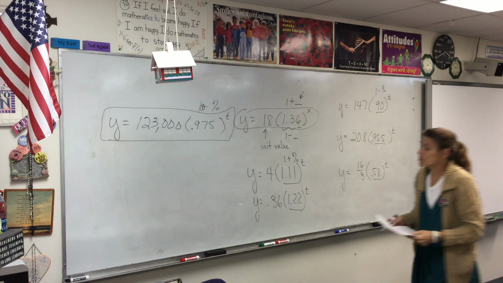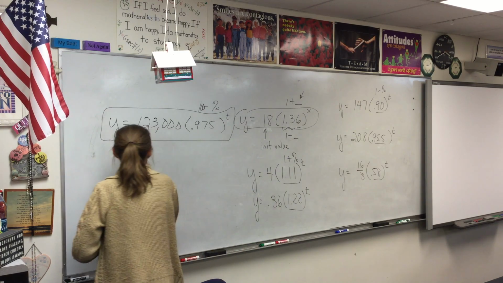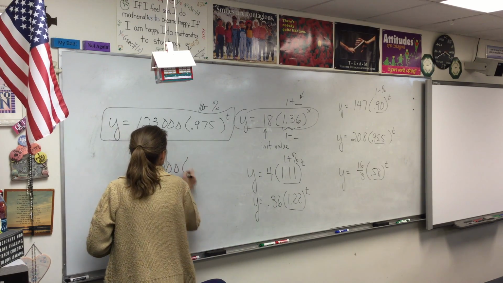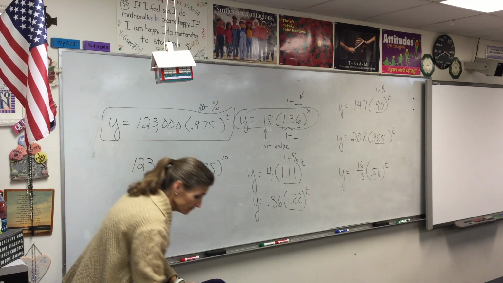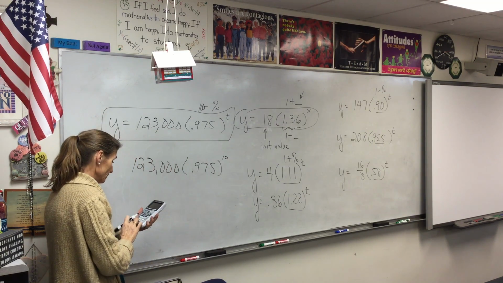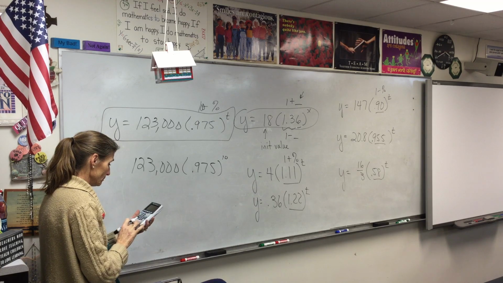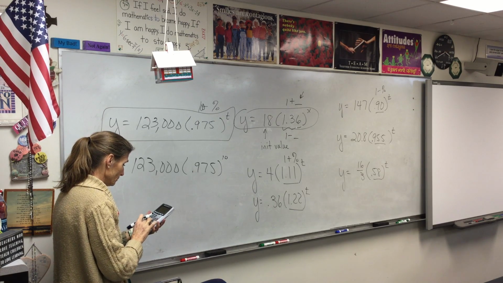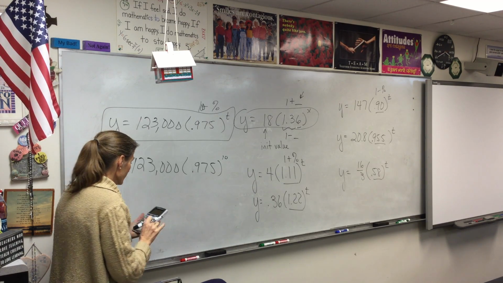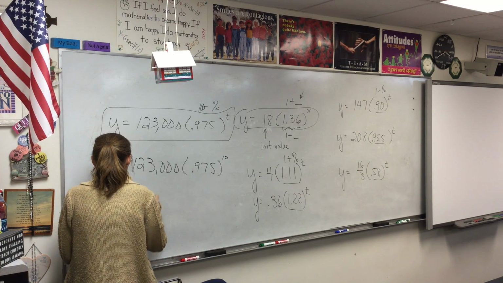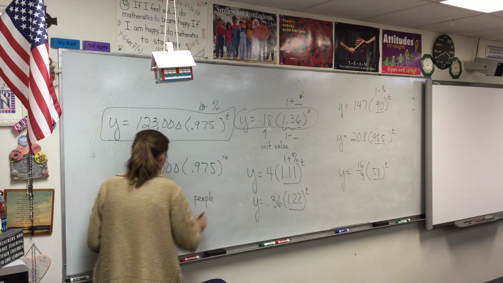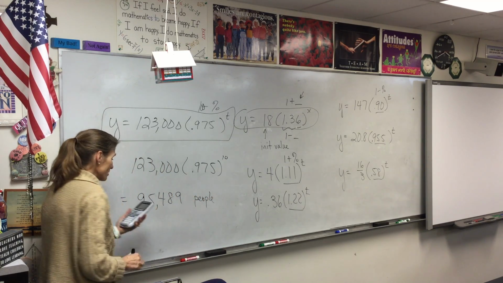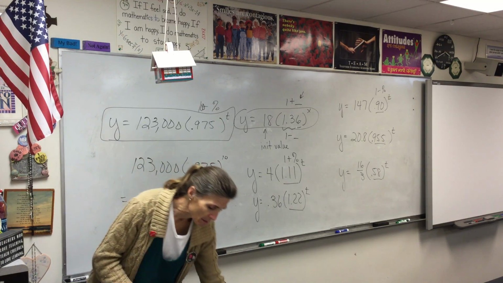10 years. So I'm going to type into my calculator 123,000 times 0.975 to the 10. And I've got about 95,489 people.